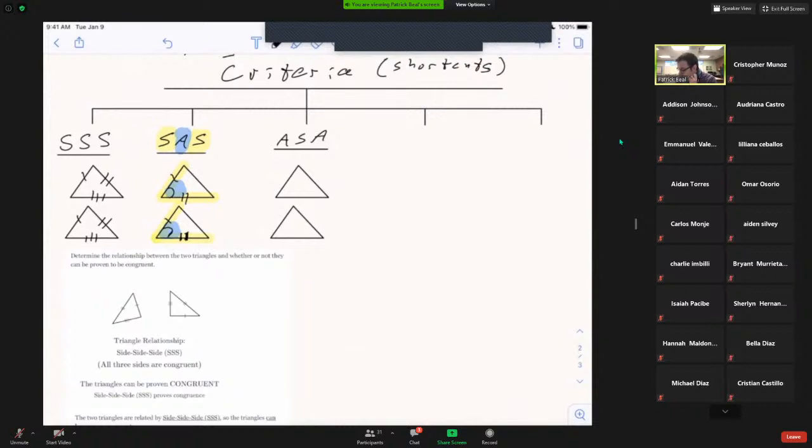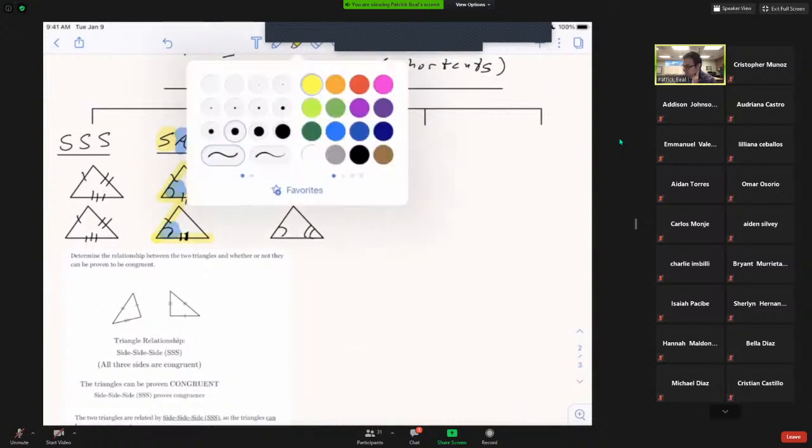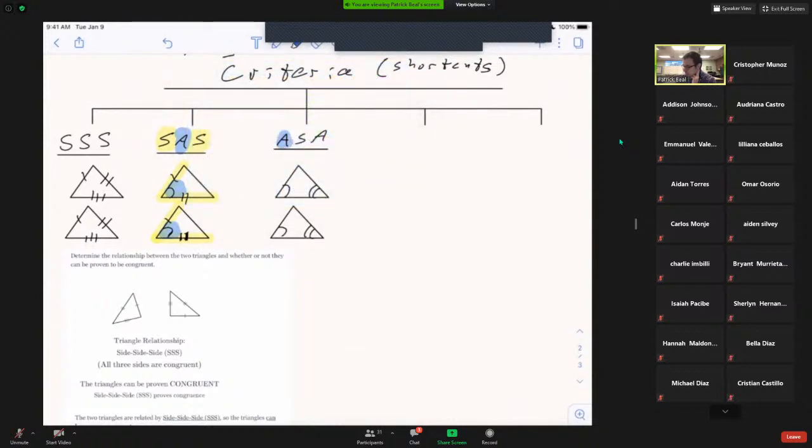So I'm going to choose my angles first. Let's say we make these angles here congruent and these angles over here congruent. And I'll make my angles blue. Okay, so I've got these blue angles that are congruent.